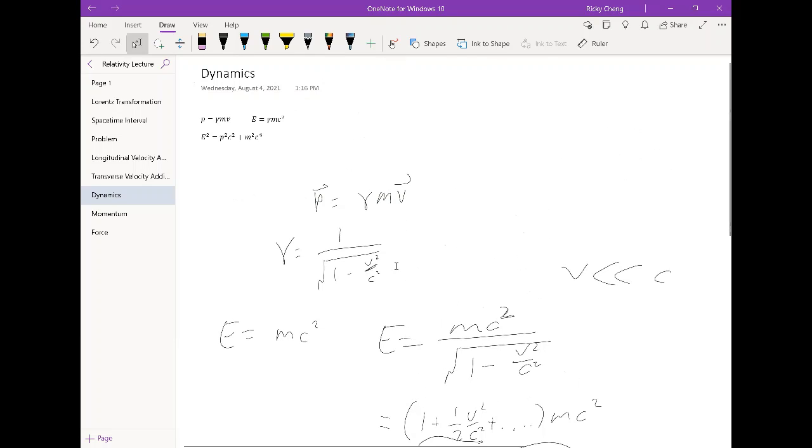That's pretty cool, and it's further indication that this equation is probably correct.